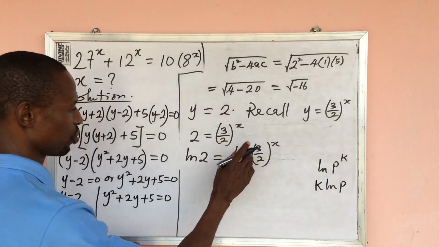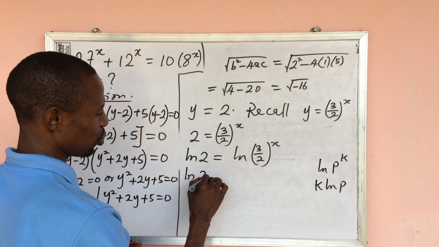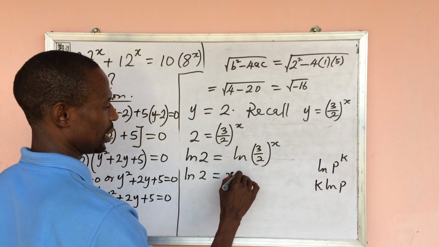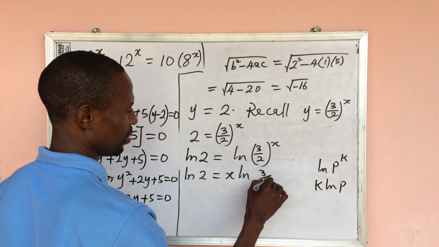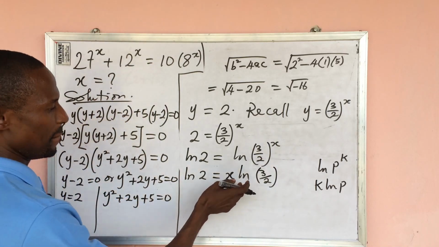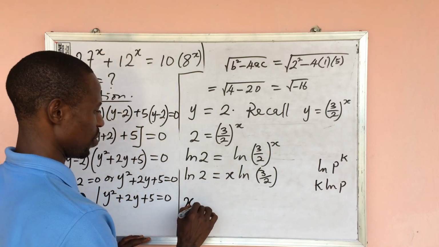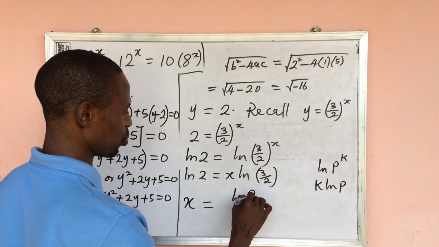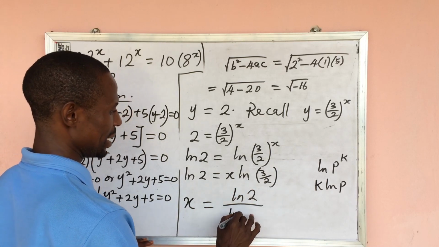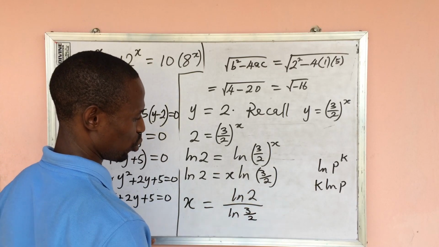So if we apply this rule, this will give us ln2 equals x times ln of 3 all over 2, close bracket. Make x the subject of the formula. And so x is going to give us ln2 all over ln of 3 all over 2.